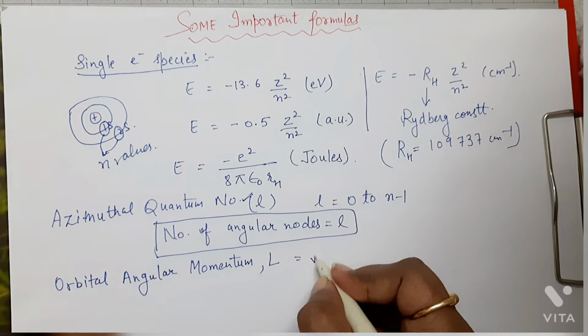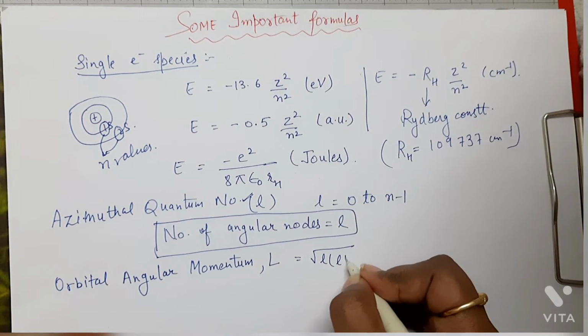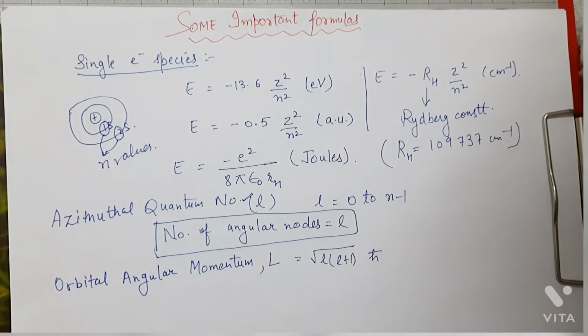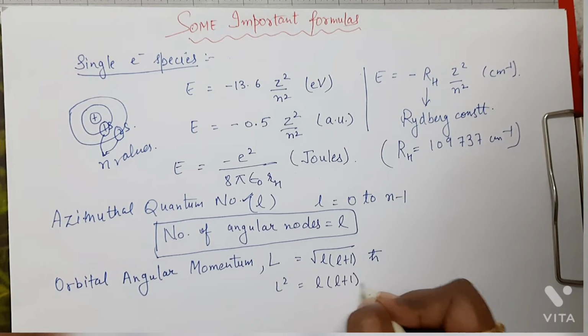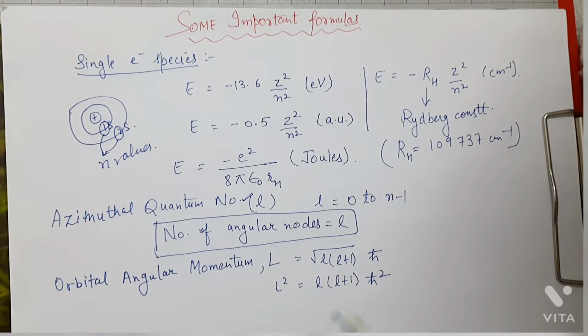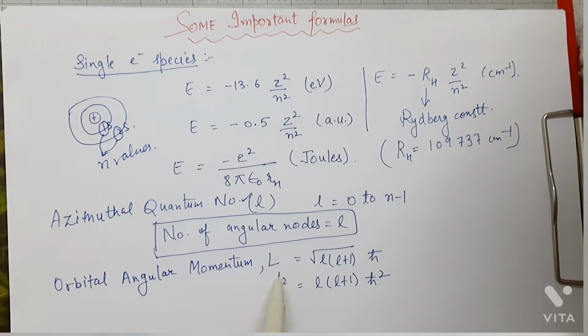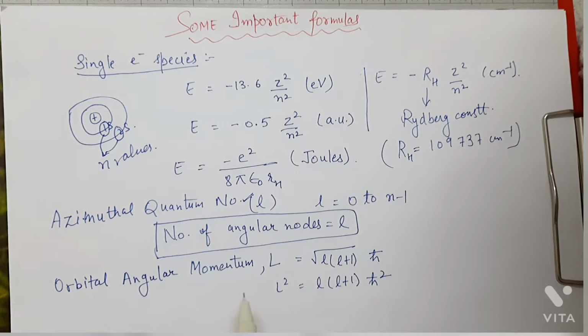It is given by root under l into l plus 1 into h cross, or you can say L square is equal to l into l plus 1 h cross square if we square both the sides. So if you know the value of the azimuthal quantum number, you can find out the value of orbital angular momentum as well. So this is the next formula.